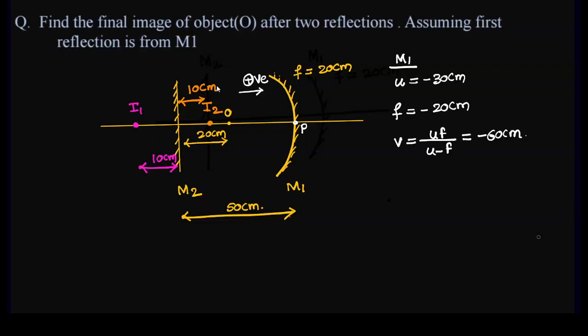Now from this, the final image is located where? 10 centimeters. Right side or left side? Right side, right of M2.